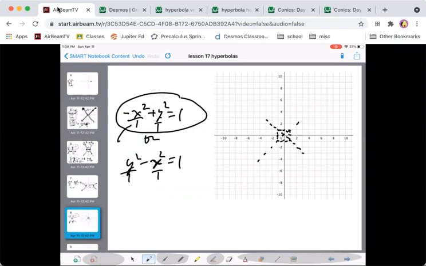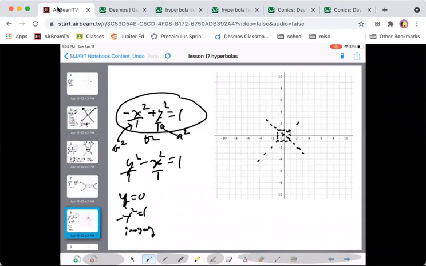But in this case, the thing underneath the x squared is known as b squared, and the thing underneath the y squared is a squared. And in this case, the big difference is, if I try to get y equals 0 on this one, I would get negative x squared equals 1, and I would get imaginary.